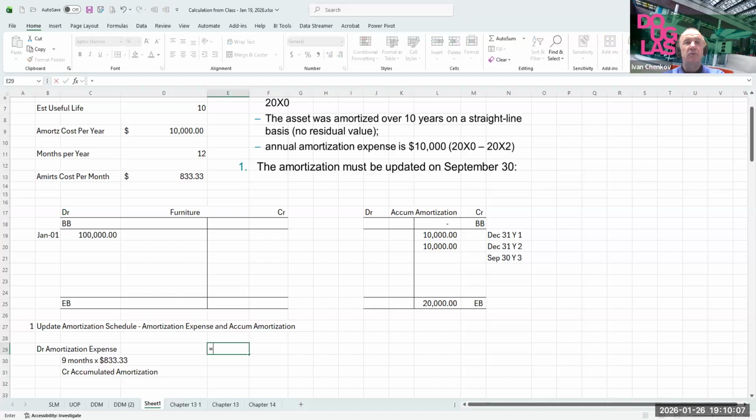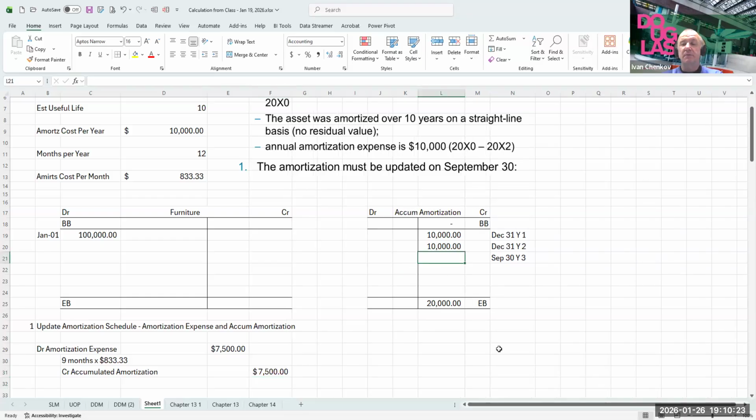So my debit will be equal to 9 times this amount, 7,500. Credit will be exactly the same amount, not here, it's going to be right here. So I have my accumulated amortization, which I have to transfer here, 7,500. So my accumulated amortization up to this point is 27,500.